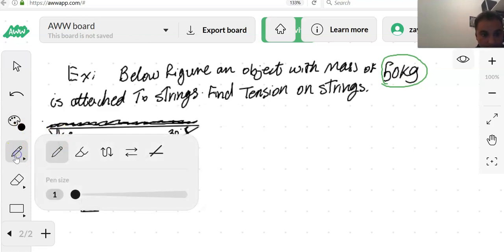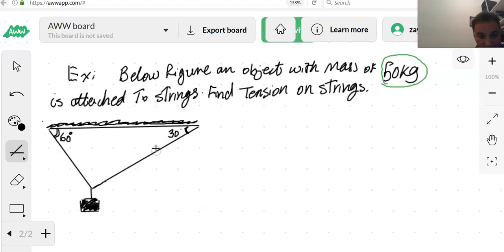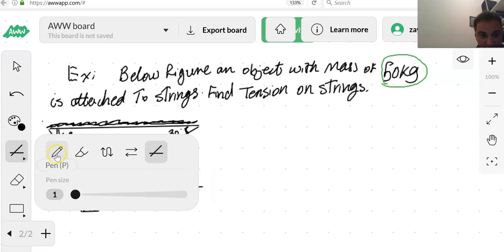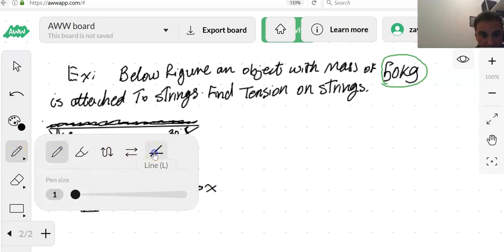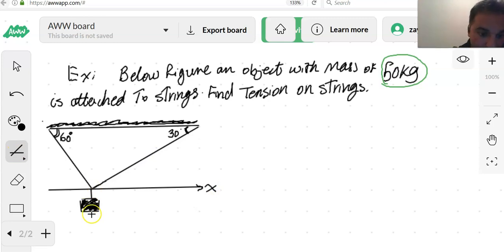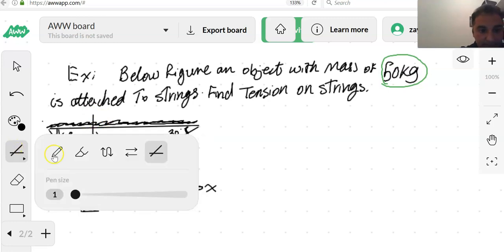Okay. So let's verify the x-axis. Let's say this is our x-axis, and at the same time I need to choose the y-axis, correct? So this is the y-axis.